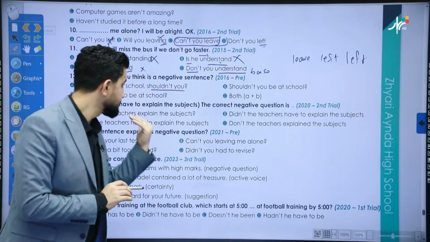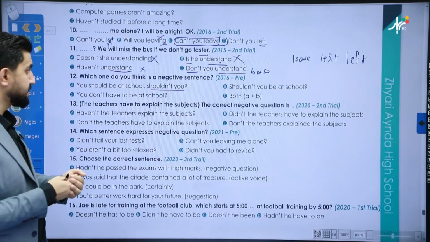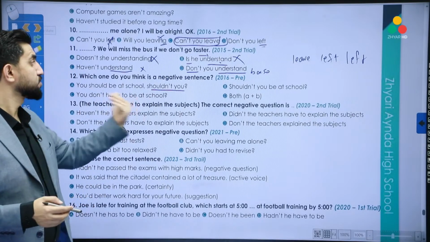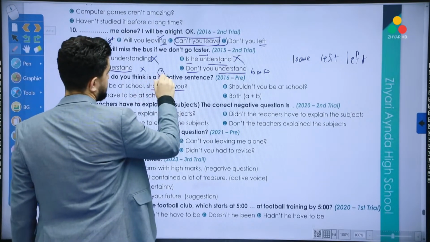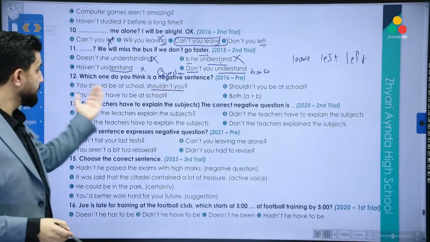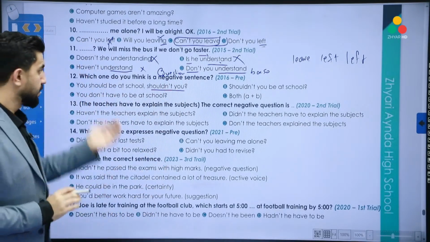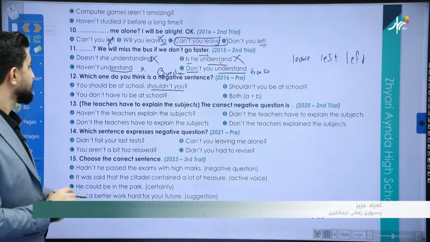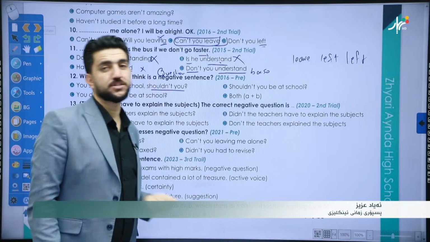A negative sentence? If we're talking about negative sentence, it's another case than negative questions. Okay. Which one is correct? Negative question. You should be at school, shouldn't you? This is what? Tag question. So A is not correct. B, shouldn't you be at school?